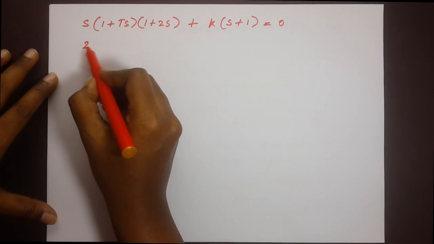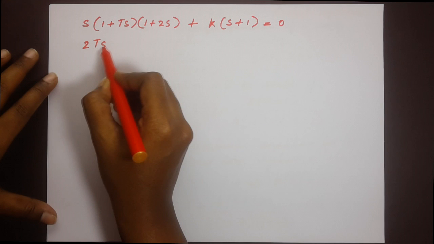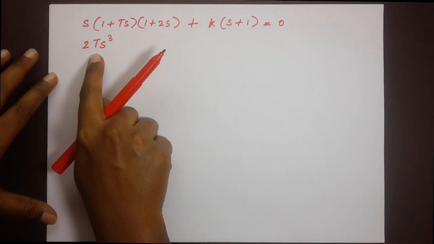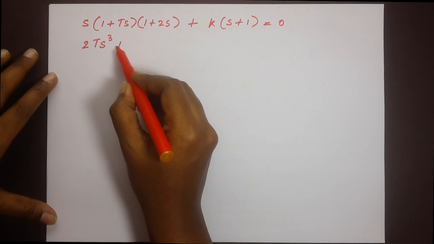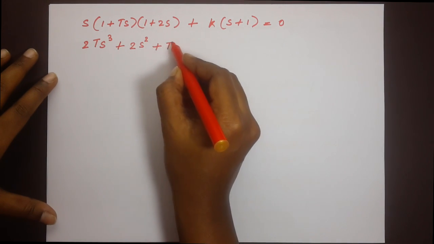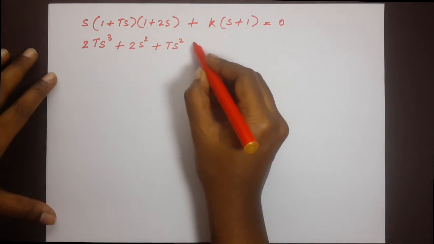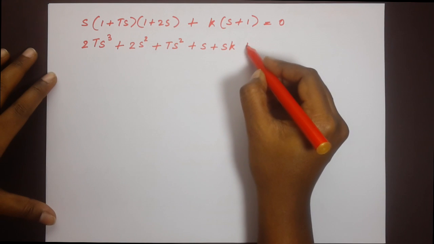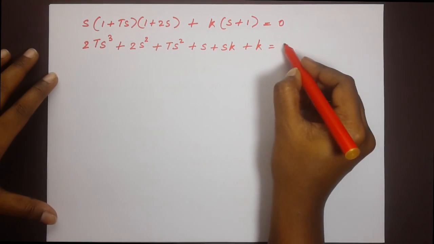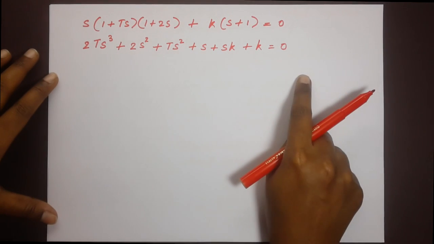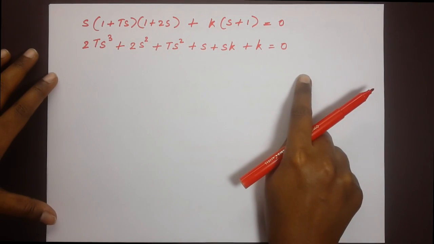We have 2Ts cube, so that's s times s times s, 2Ts cube plus 2s square plus Ts square plus s plus sK plus K is equal to 0. Now I've opened up the brackets and I have written it down.